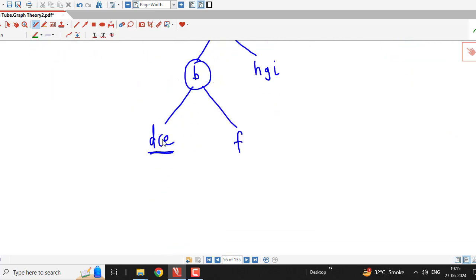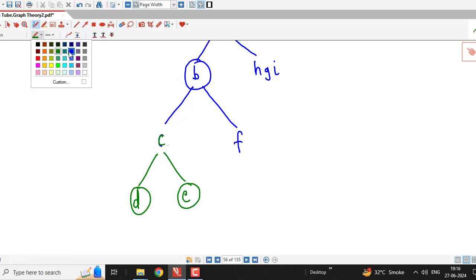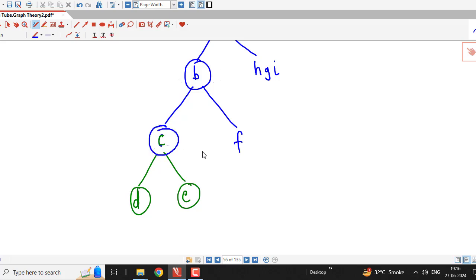So C will be the root here, and to the left of C we have D. So we write D here. To the right of C we have E. So we write E here, and here we consider C as the root of this binary tree.